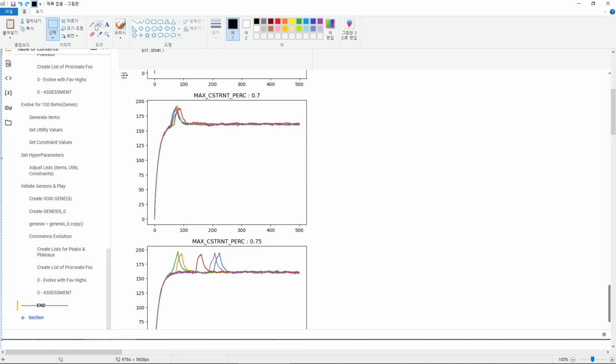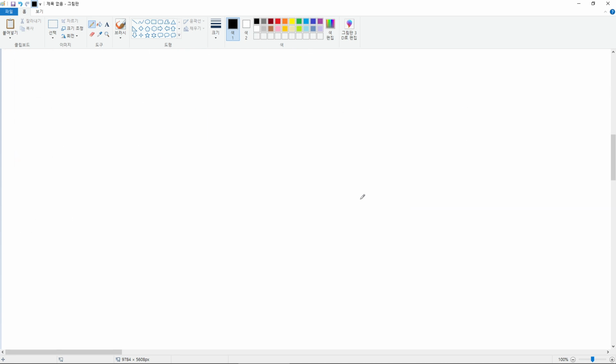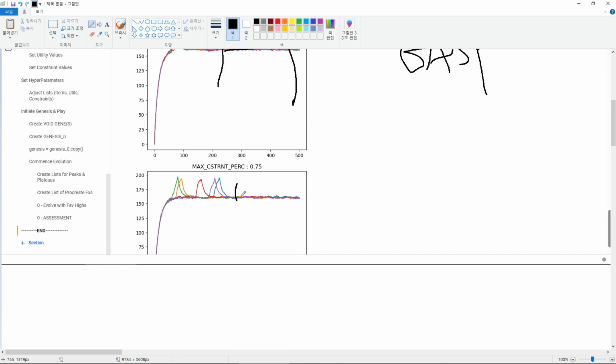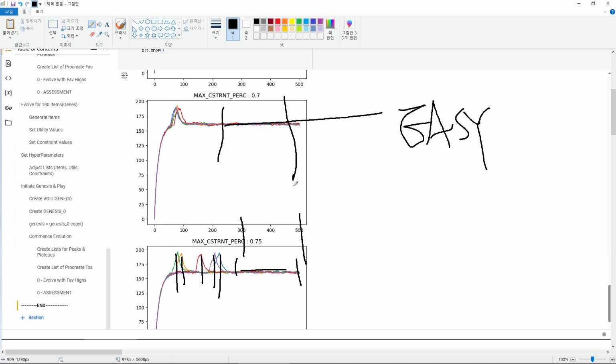Look, for this one, the plateau is easy. Average this. Easy. For this one, not so easy. Well, it is easy because I could just average this too. So average things from generation 300 to generation 500, easy. But then again, just look how different the peak generation is. Very different.